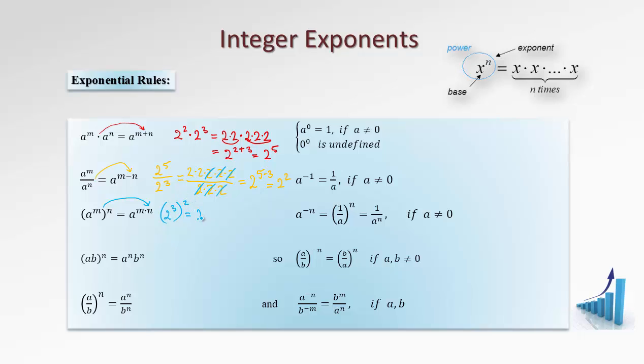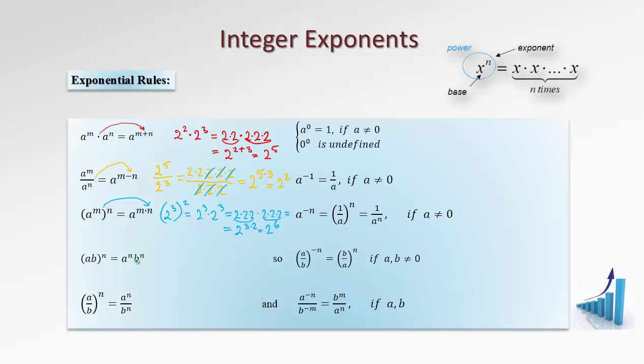So 2 to the 3 times 2 to the 3. But each 2 to the 3 represents 3 2's, and another group, 3 2's. So altogether, we really have 2 to the 6, which is the same as 3 times 2, which is 2 to the 6.